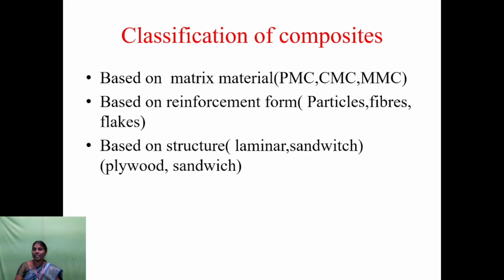The composite material can be classified on the basis of matrix material, reinforcement form and structure. The first one is the matrix material, which may be metal, polymer or ceramic. The second one, reinforcement form, may be particles, fibers or flakes. And the third one, structure, may be laminar or sandwich.